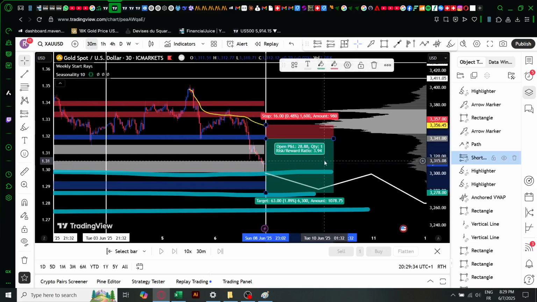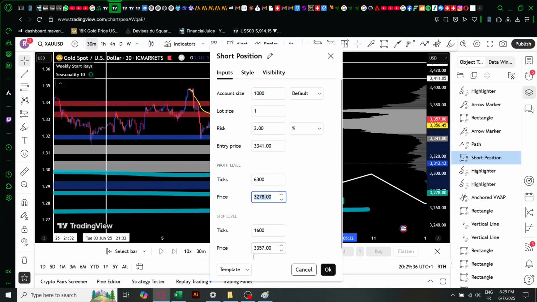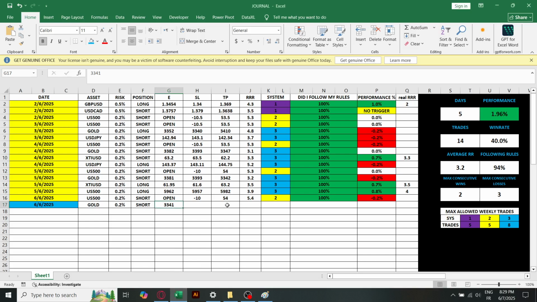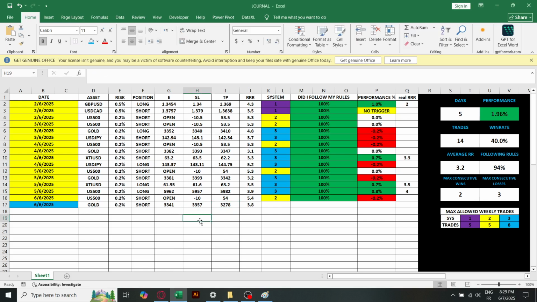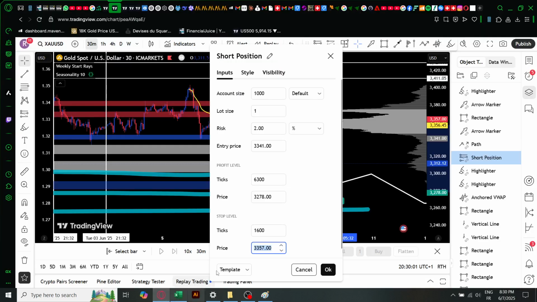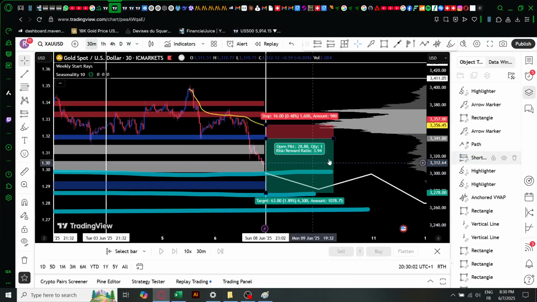Okay. So my stop will be just here. I mean my TP, not my stop. So 3.8 after calculating the commissions and the spread. This is why it's 3.9, but I put minus 0.1 to calculate the spread and the commissions.